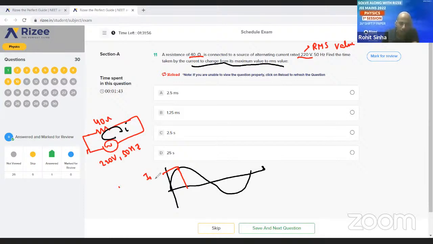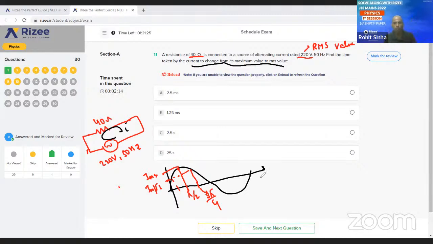And at this point the phase is how much? Pi by 2 for a sinusoidal curve. Now the RMS value is the maximum divided by root 2. At this other point, what is the phase? It is 3 pi by 4.